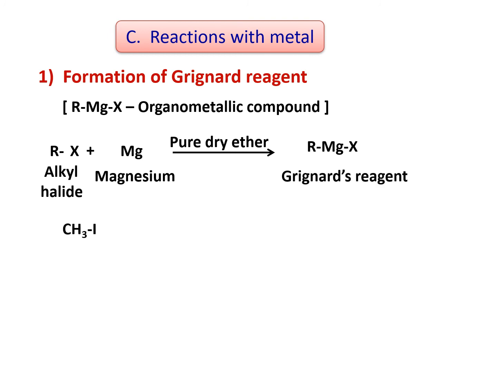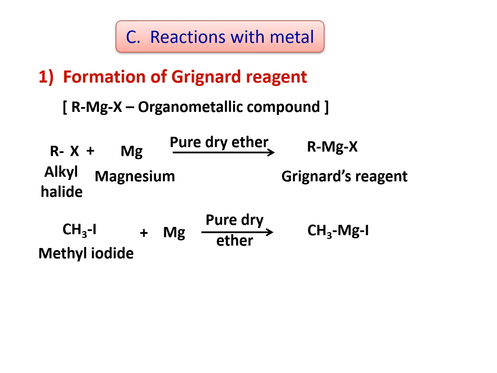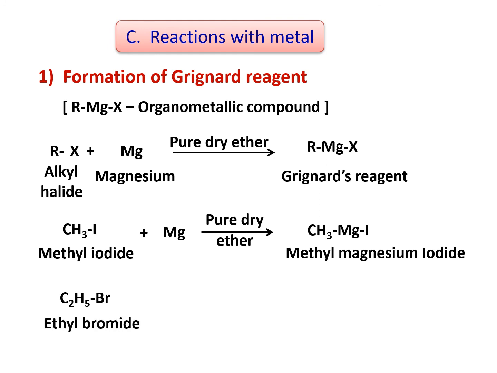For example, methyl iodide reacts with magnesium in presence of pure dry ether to form methyl magnesium iodide. Similarly, ethyl bromide reacts with magnesium in presence of ether to form ethyl magnesium bromide.